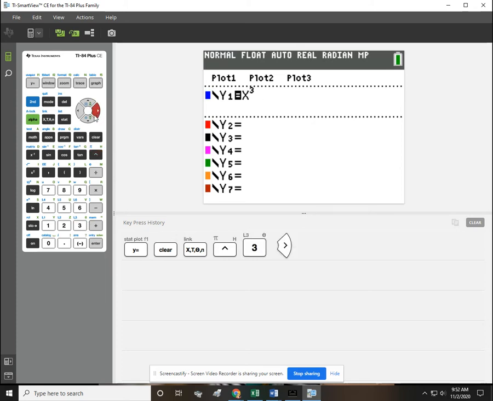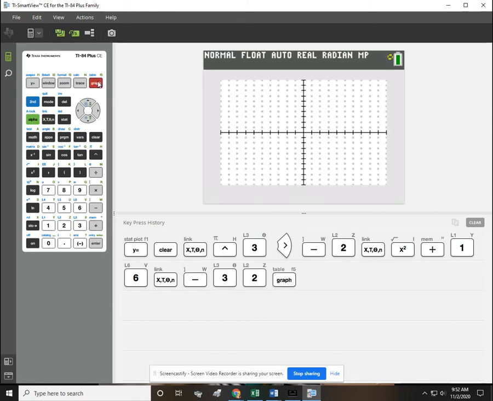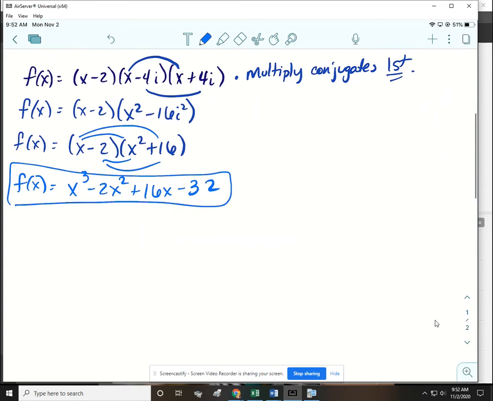But we can check to make sure that this only has one real 0 and that it is at 2. And it does. It's right there. So that's an option for you guys to check on the calculator, but we can't know 100% unless we just factored it back out.